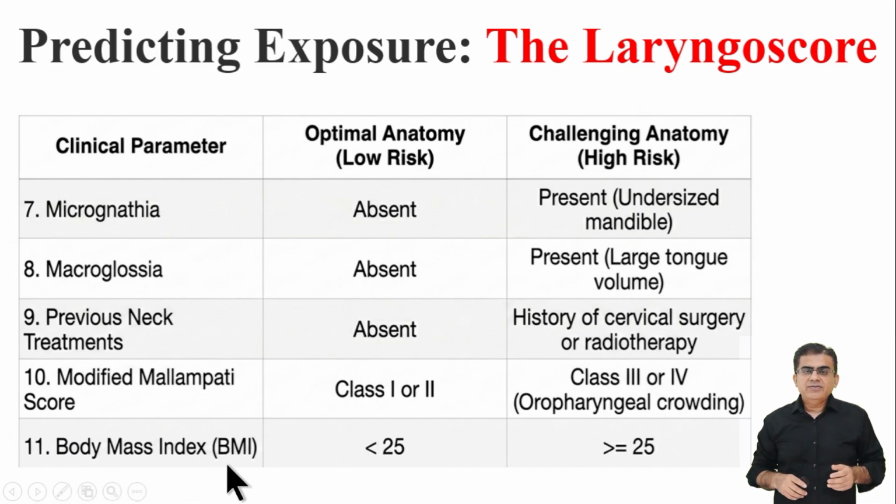A BMI of 25 or more indicates an overweight patient. Thick, heavy tissue around the neck and chest makes placing a rigid laryngoscope physically difficult. By evaluating all these 11 parameters, we can generate a total score.